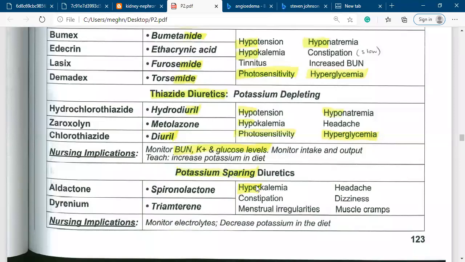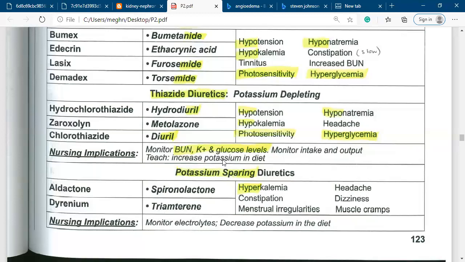Examples of potassium sparing are spironolactone or triamterene. Sometimes it's called a water pill. They can cause constipation, menstrual irregularities, or headache, dizziness, or muscle cramp.